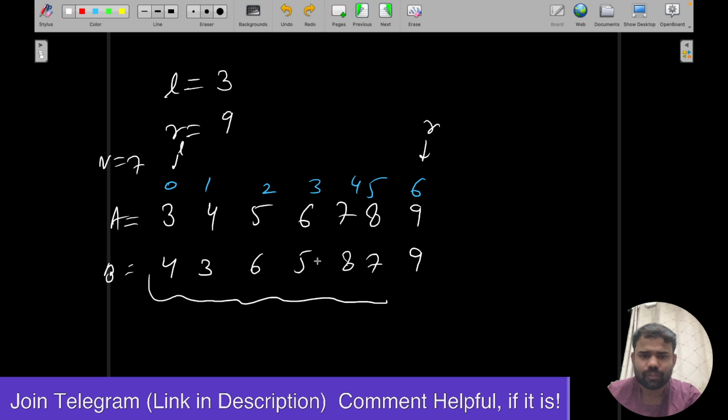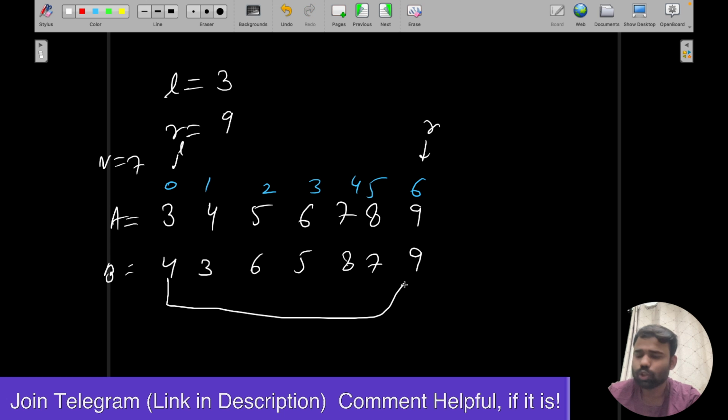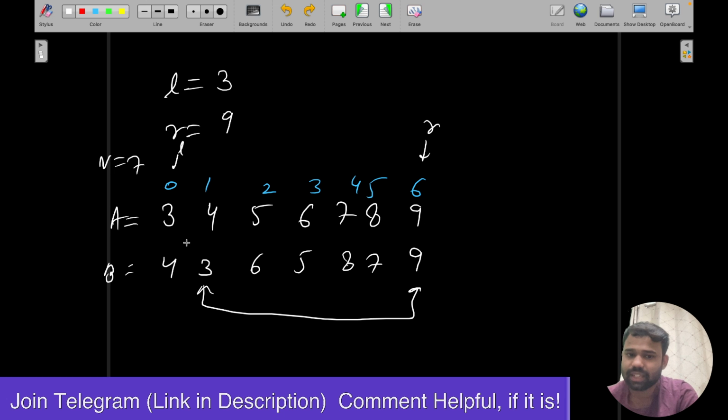For example, can we swap it with this? No, we cannot swap. Because if you swap like this, 9 and then 4, here GCD will become 3. It's not good. Same, we cannot swap this, because if 9 and 3 are together, it will also become GCD 3.